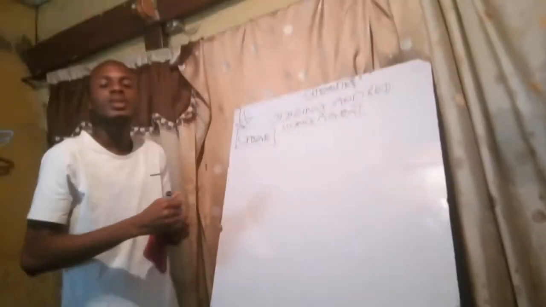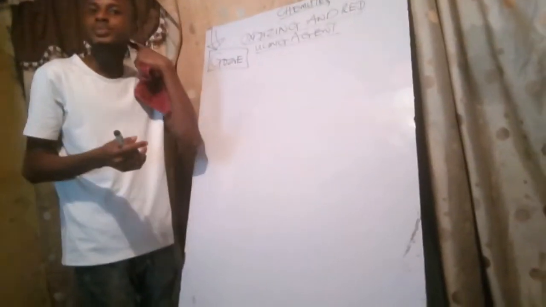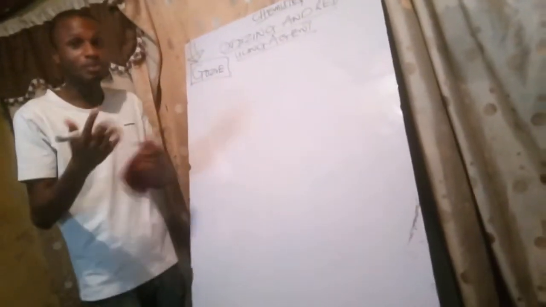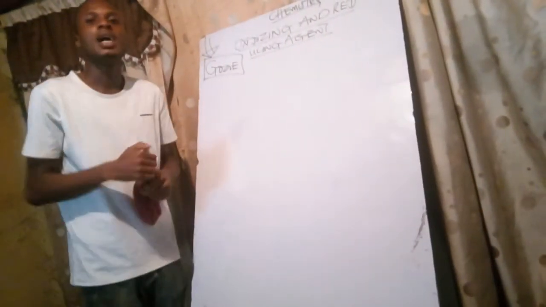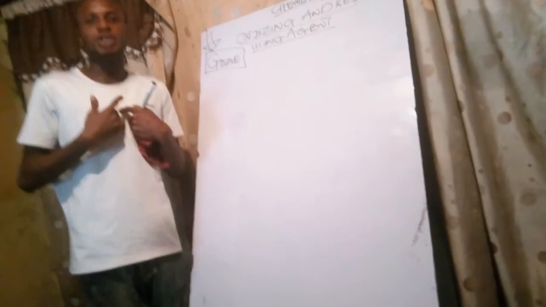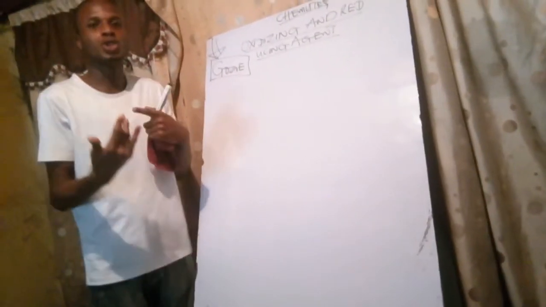Alright, the meaning of oxidizing and reducing agents. If I am engaged in a fight with you, a combat, and in that combat I am injured, it will be assumed I am reduced, right?